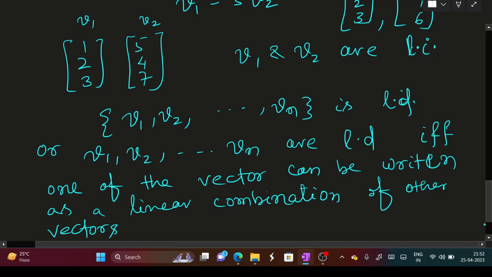If one of the vectors can be written as a linear combination of other vectors, then the vectors are linearly dependent, or the set is linearly dependent.